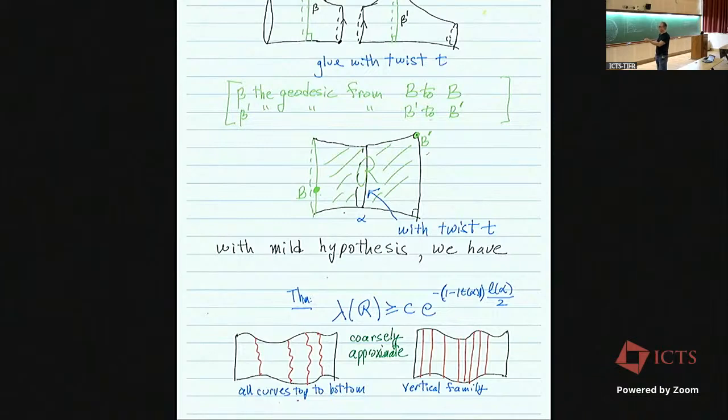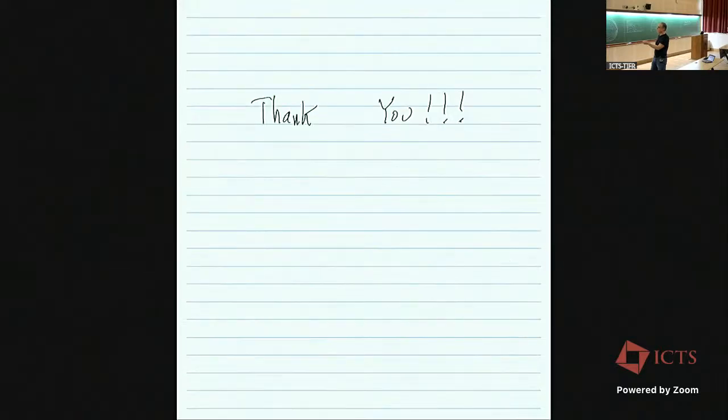I've gotten rid of the denominator L. This goes to 0 slower than the other did. And we have to use this, and we compute this using some computations involving extremal length, and that finishes today's discussion.